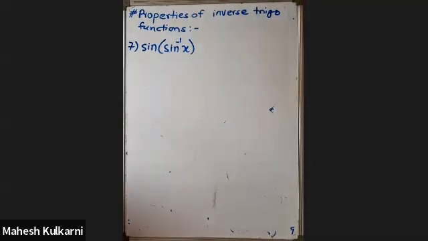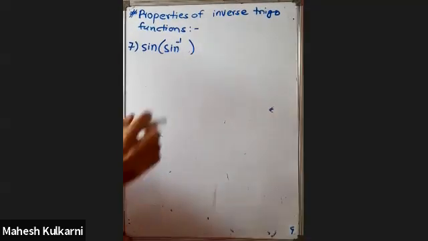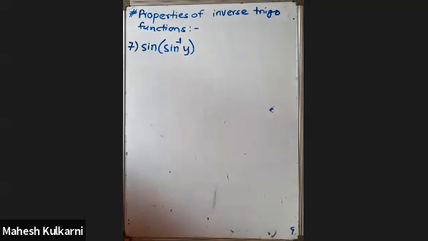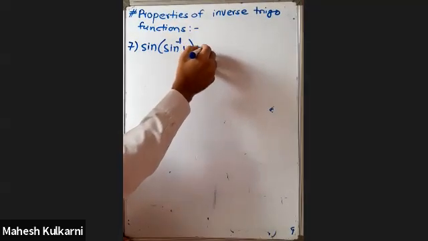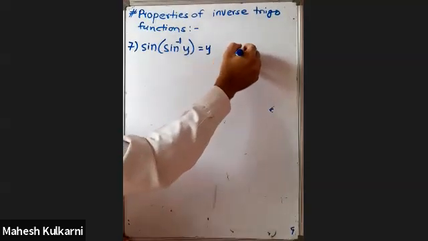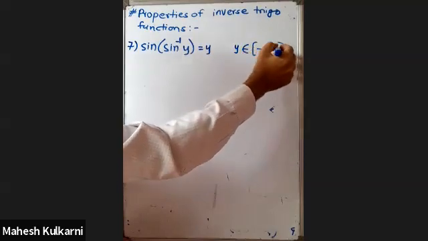Already we used x in the previous set of properties. So to avoid the confusion here, let us take this as y. So let it be sine of sine inverse y. Now this is also y, but what is y here? y is from minus 1 to 1.